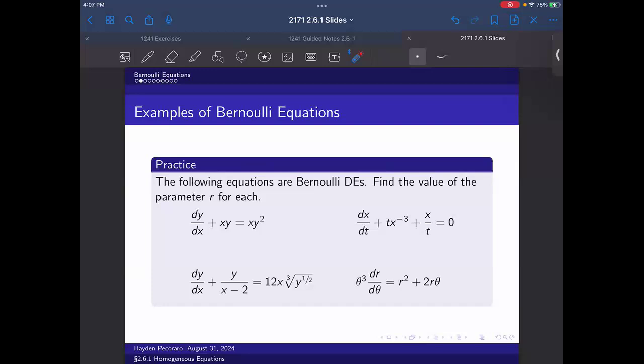It's 1/3, so there's 1/3. I think it's 1/6.